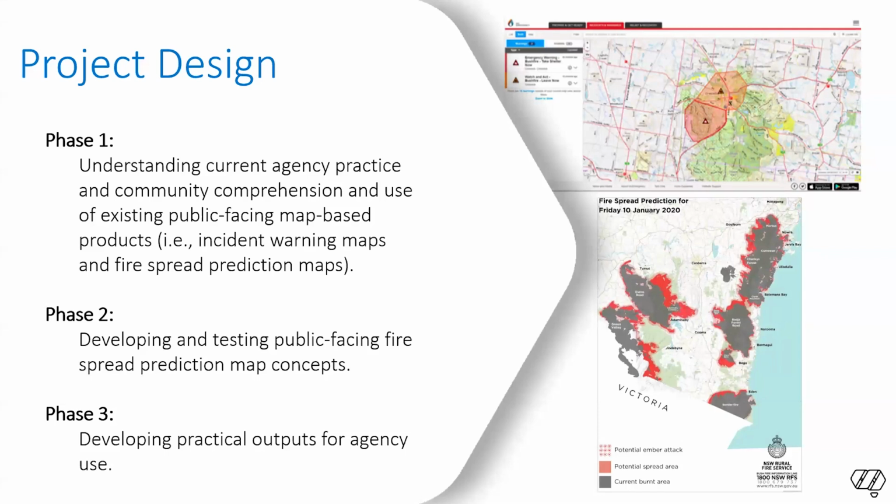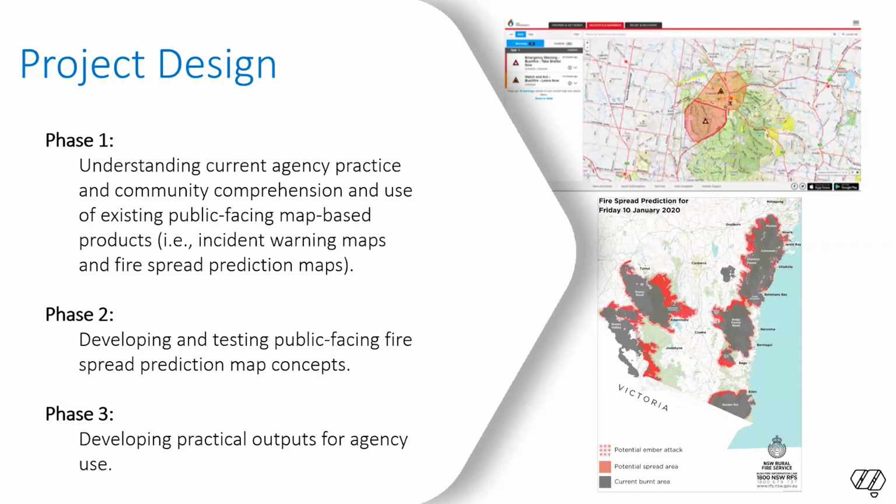Phase 2 is really about developing these new maps or predictions and testing a range of different map concepts to see which ones test the best or have the best outcomes in terms of risk understanding and intention to act to protect oneself during an emergency. And then we have phase 3, which is also really important, and I think we're quite lucky in this project to have it.